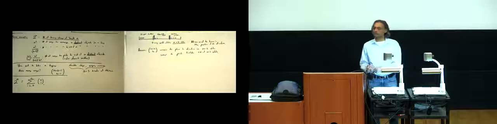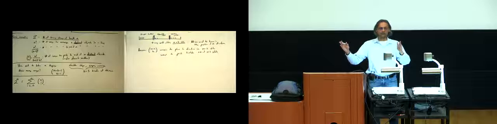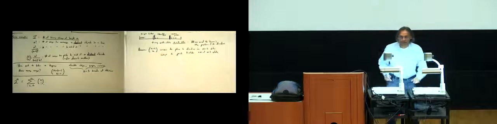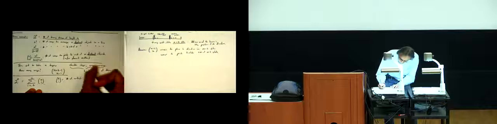How many binary strings are there that have 0 ones? It's the number of ways of choosing 0 positions in the string to call ones. So it's the same kind of position thinking. Okay? So n choose i is the number of n-length binary strings with exactly i ones.